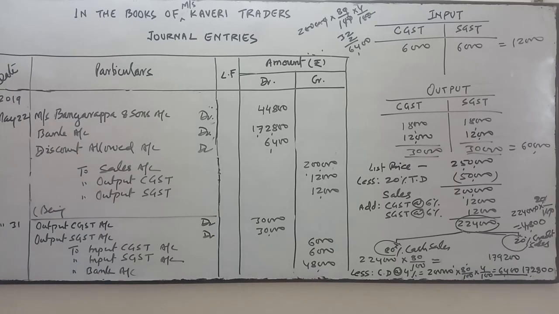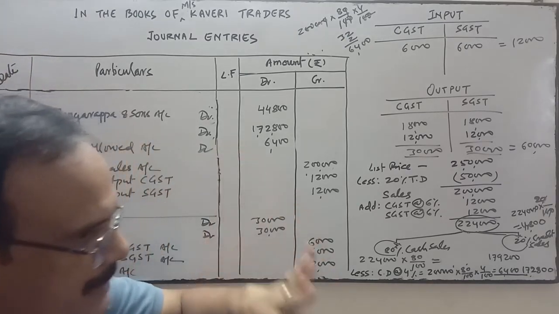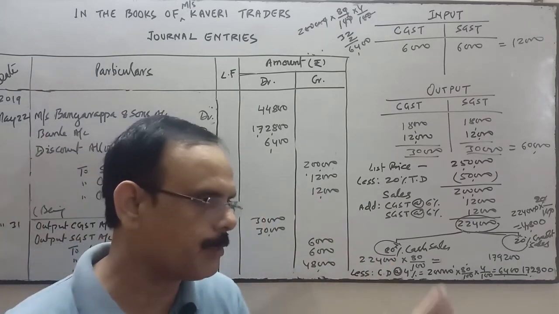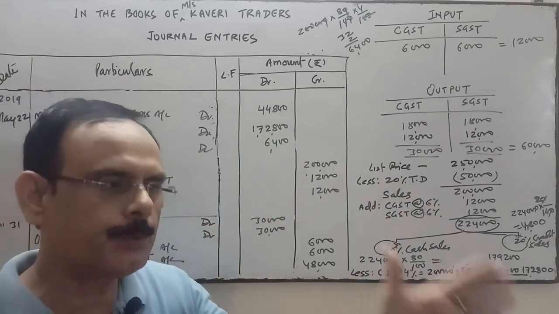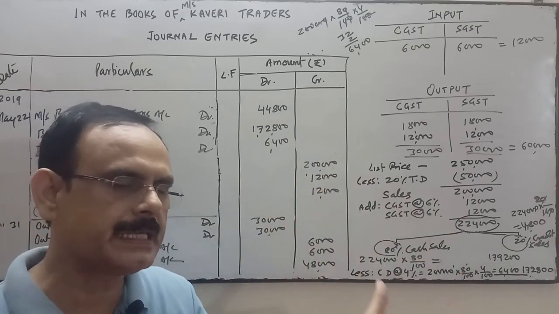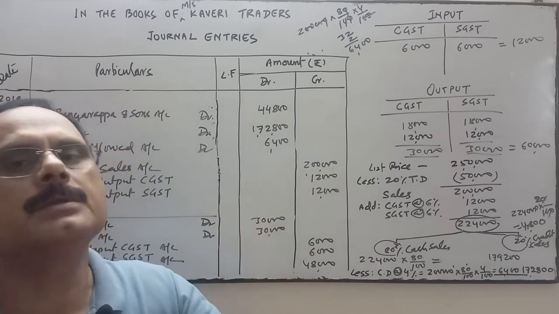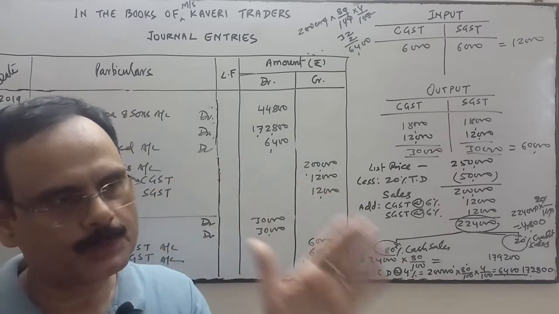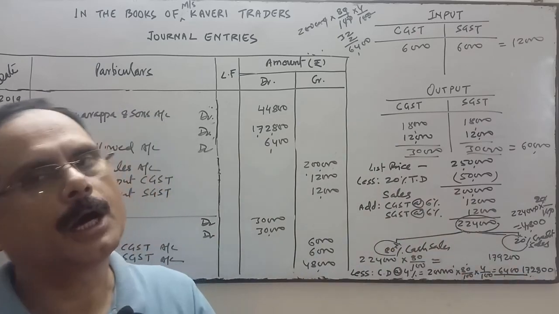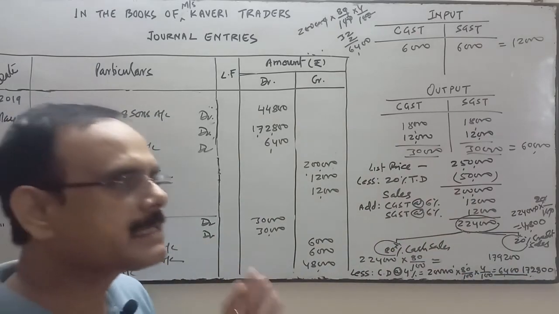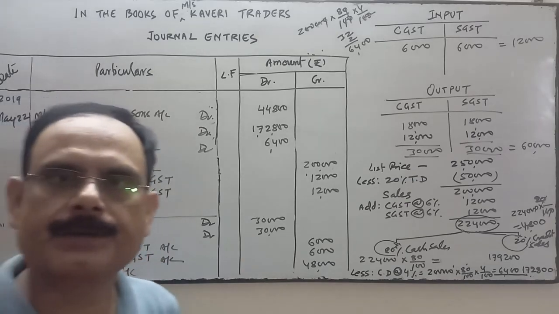This is the settlement of GST. Input CGST is adjusted with output CGST, input SGST with output SGST, and the rest is deposited into the government treasury.